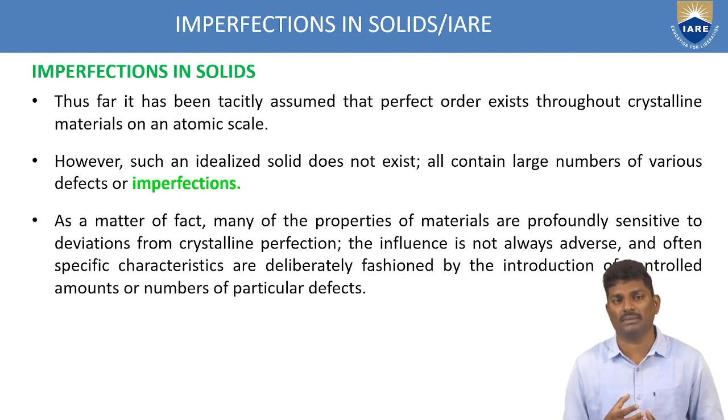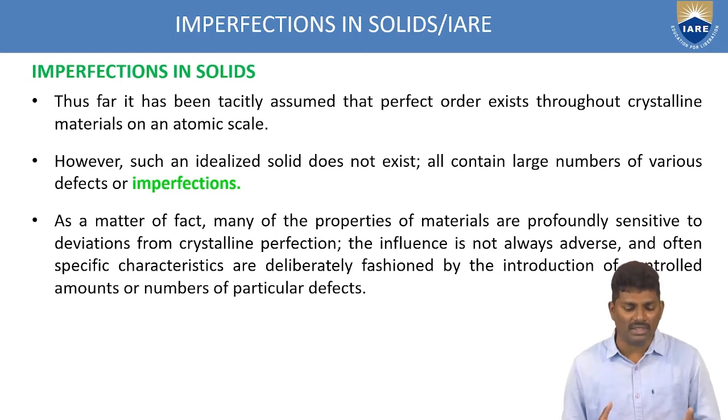We are just assuming that 100% pure materials exist, but in fact there is no 100% pure material. Even in a pure material there are some impurities, but we are assuming this till now. But now, how do we identify those imperfections?